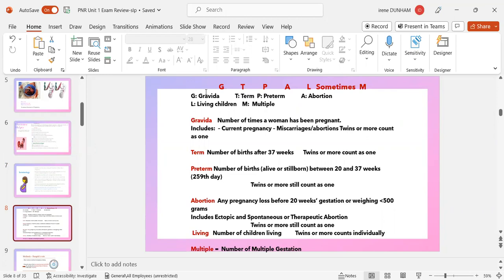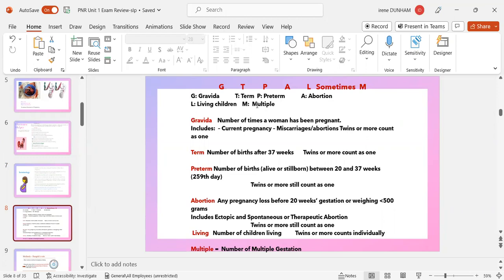All right. So again, gravida, term, preterm, abortion, living, and then we don't use this too much, but you might see multiple sometimes. So we'll keep it real simple. Gravida is the number of times a woman's been pregnant. So if she's coming in for the first time, she would be a gravida 1.